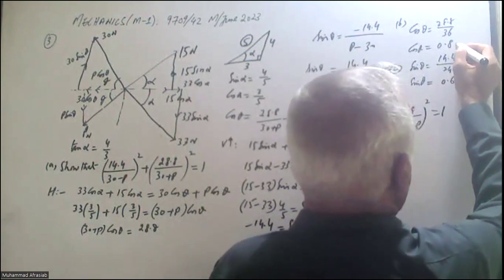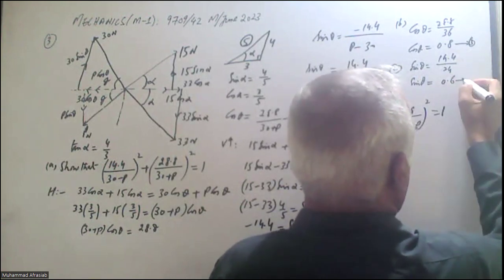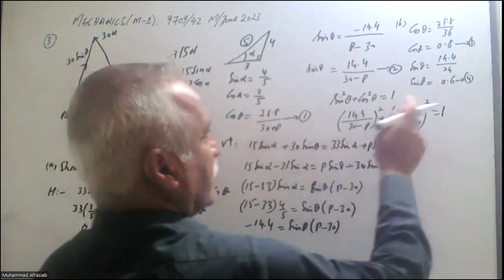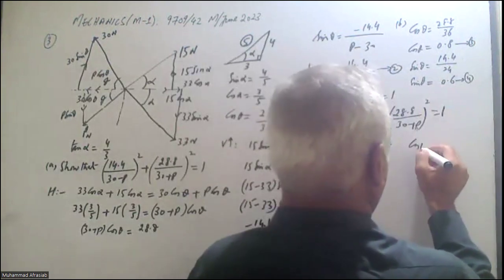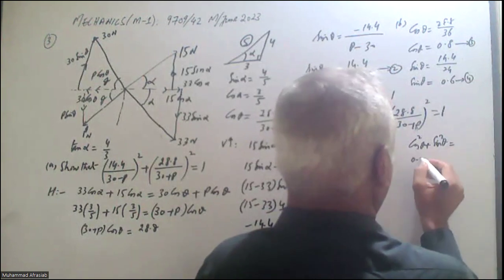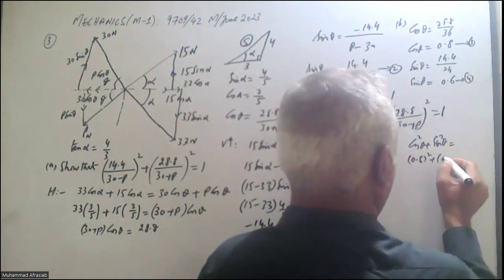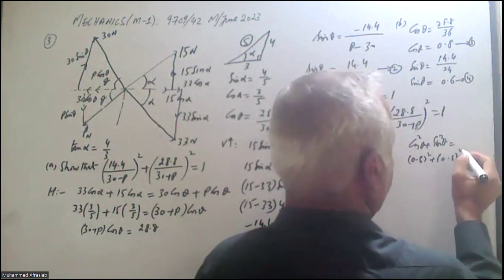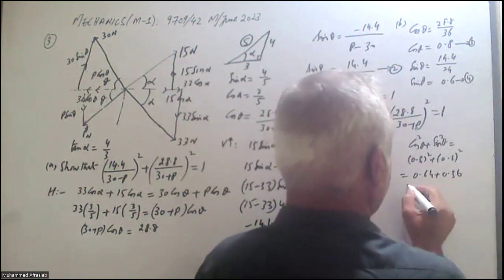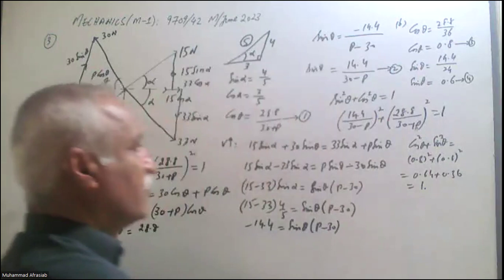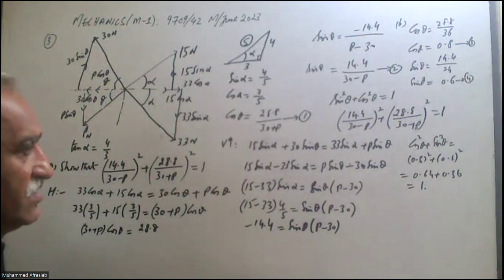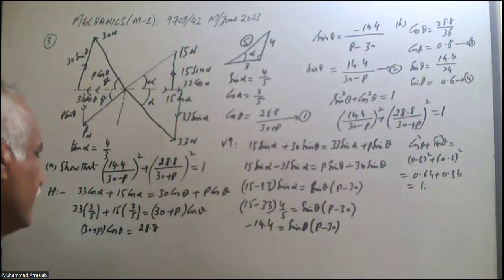If you put these values into the equation cos square theta plus sine square theta equal to 1, then that is 0.8 square plus 0.6 square, which is 0.64 plus 0.36, and that is equal to 1. So first we prove this and verify that the P value is equal to 6. Then you are going to find the value of theta.